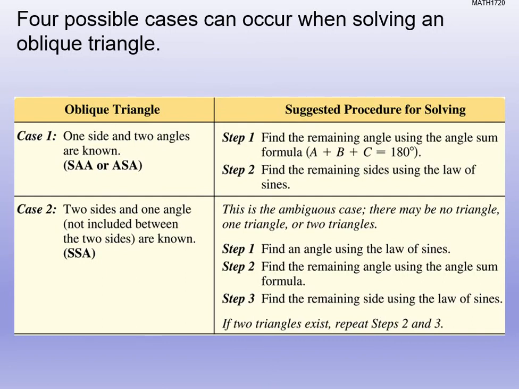If we're given the case of side angle angle or angle side angle, this is from a previous lecture, lecture 1 in this chapter, you're going to use the law of sines. This is from last lecture in case 2. If we have side-side angle, you're going to use the law of sines. And there are the steps you'd go through to do it.